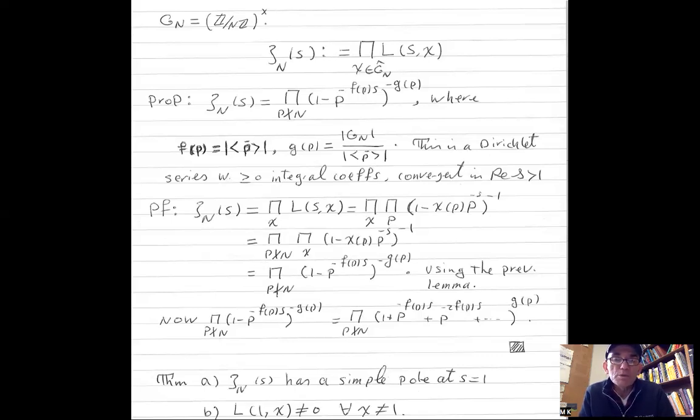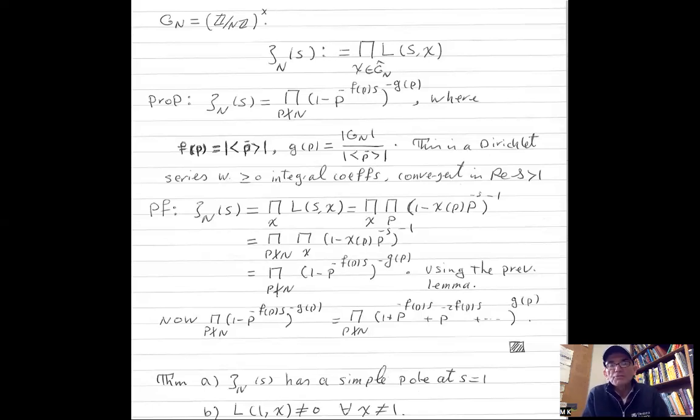So only those primes that do not divide n remain. So we switch the order of p and chi, and then this is equal to the product over all primes that do not divide n times the product over all characters of (1 minus chi of p, p to the minus s) inverse.